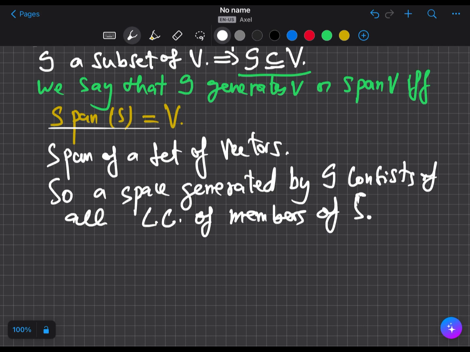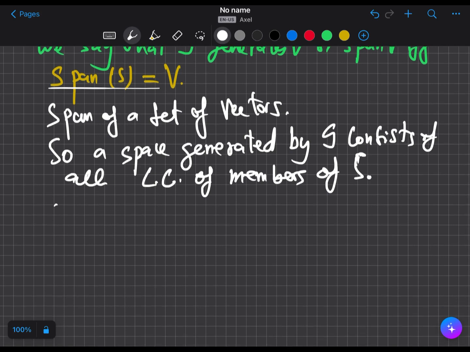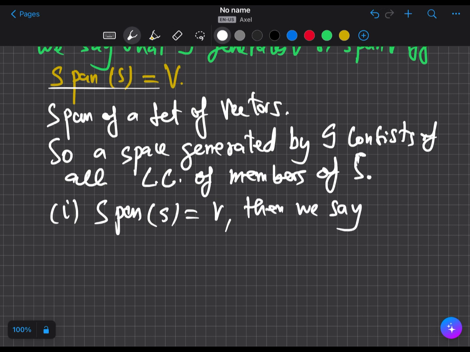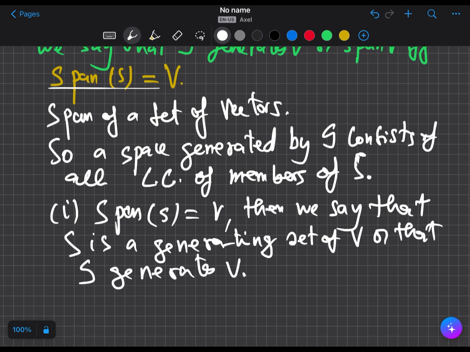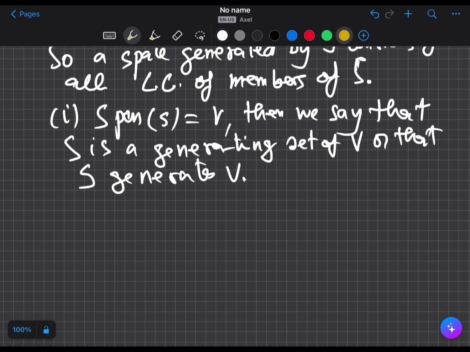So if we write that span S equals V, then we say that S is a generating set of V, or that S generates V. Okay, hope you are getting good here now, right?